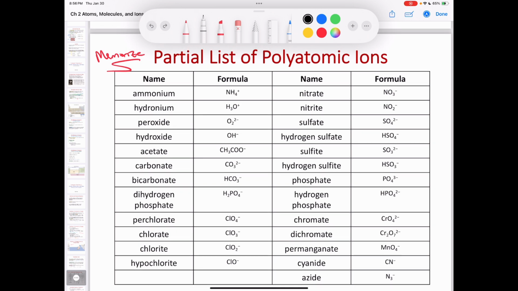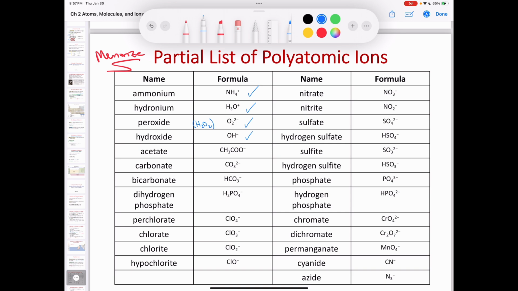So NH4 plus is the ammonium ion. H3O plus is the hydronium ion. If we have O2 with a -2 charge, that's called a peroxide. You'll see that in something like H2O2, which is hydrogen peroxide, and we'll look at that later. If you have an OH minus, that's hydroxide.